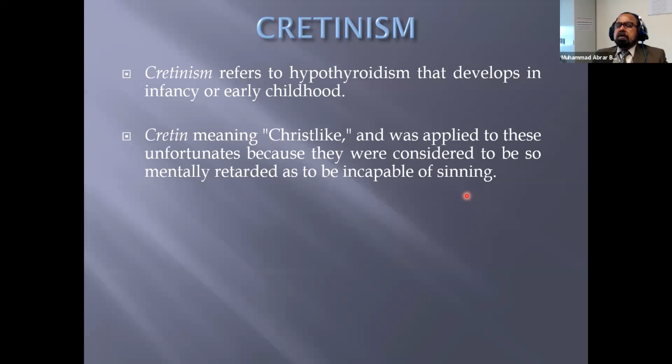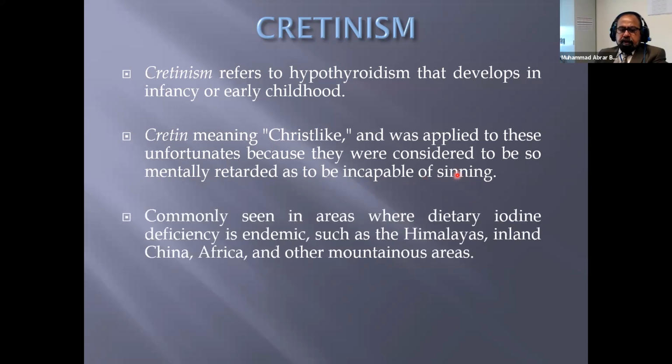So they call it a cretin child, Christ-like, because they don't perform any sin; they are incapable of doing that. It is commonly seen in areas of dietary iodine deficiency, in endemic areas such as the Himalayas, islands, China, Africa, or other mountainous areas like the Alps in Europe.